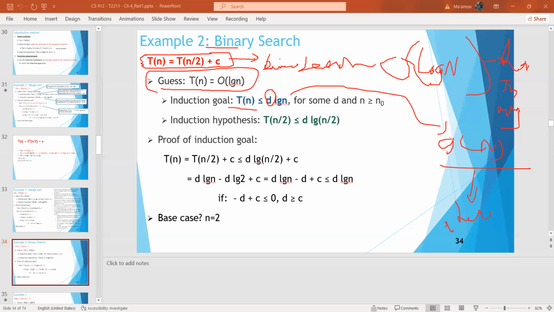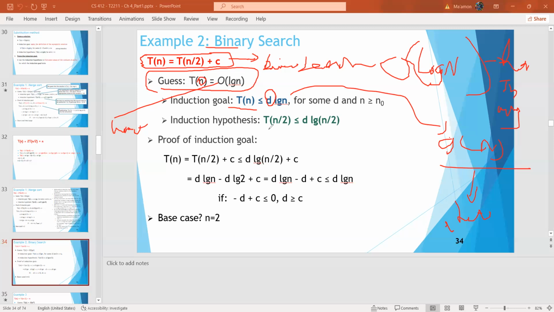Big O means the worst case, when the expected output is much greater than the input, based on N, or the time needed is very high. Now we just assume T(n) is less than or equal to d, any constant, times log N.